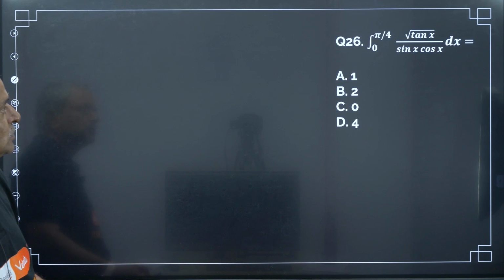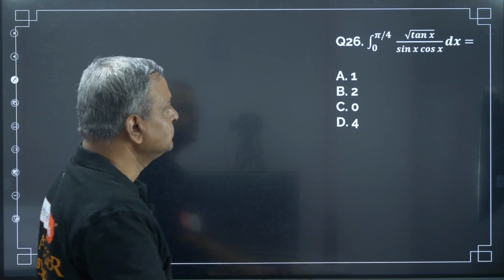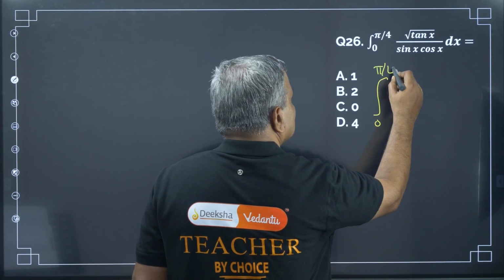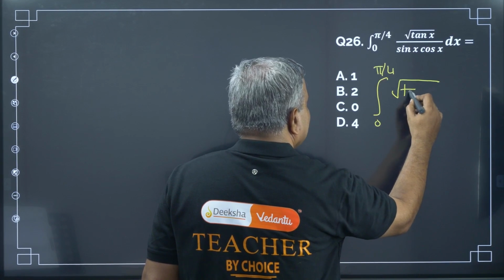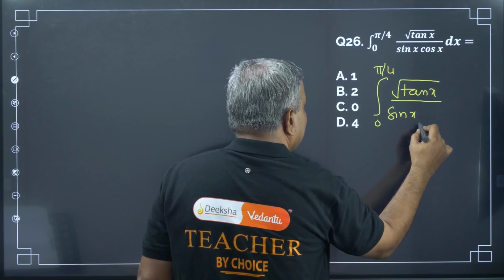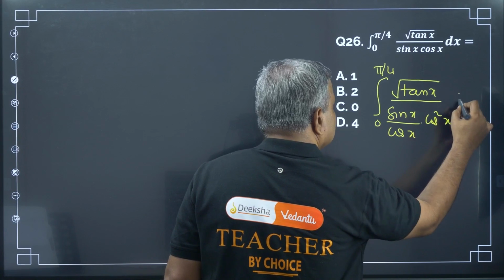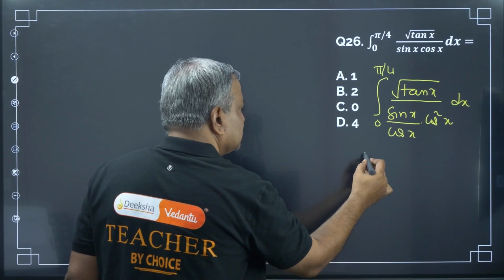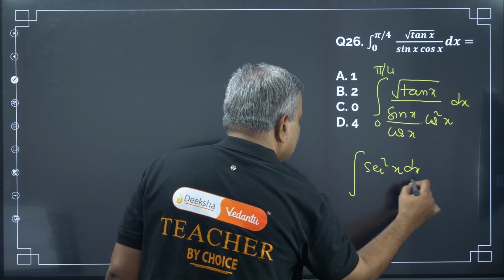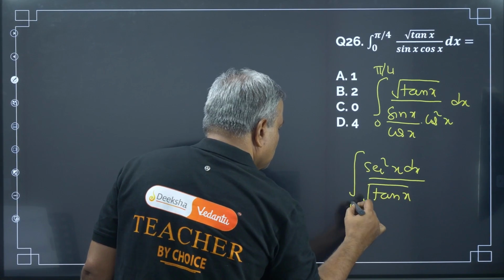Next. Same, 0 to pi by 4, root, convert into tan. 0 to pi by 4, this can be written as root of tan x, that is sin x by cos x, into cos square x dx. So this will give you secant square x dx by root tan x, 0 to pi by 4.